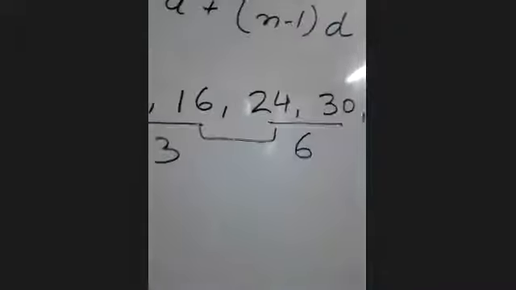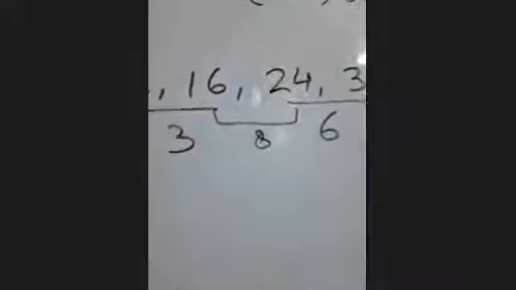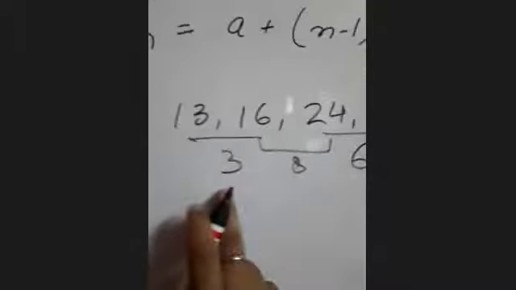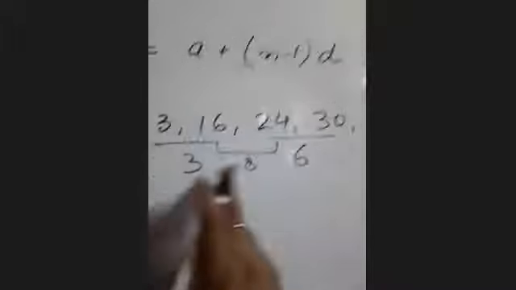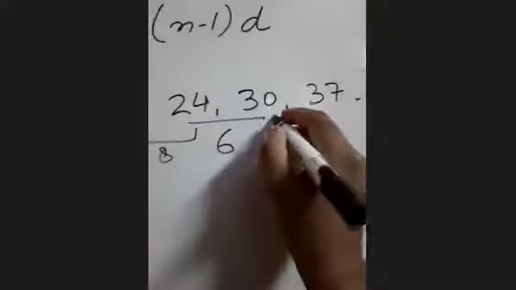What about this one? Sir, 8. Okay, so now we have common difference. The first common difference is 3, then 8, then 6, and then 7.